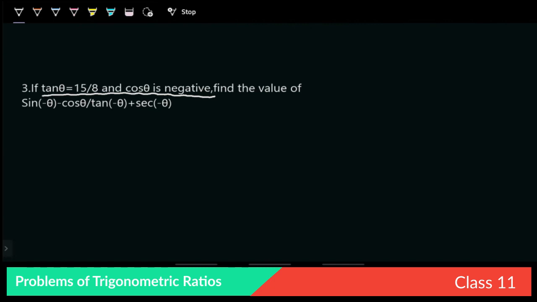So from this we can say that this theta angle is falling under which quadrant? Now see, tan is positive in which quadrant? In first quadrant obviously, and in third quadrant. In the first quadrant all the ratios are positive, but in the third quadrant only tan and cot are positive and the other ratios are negative. So here tan is positive, that means 15 by 8, and cos theta is negative.